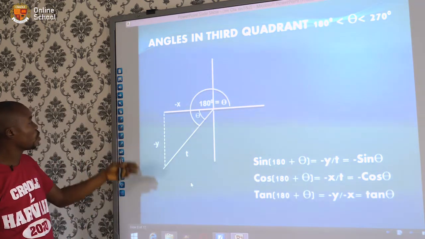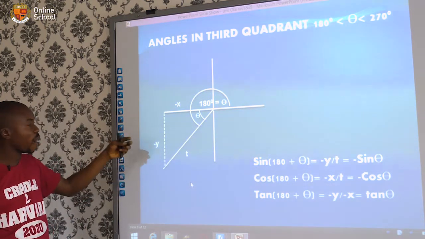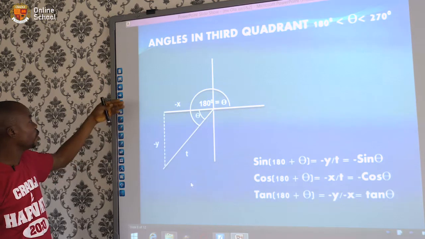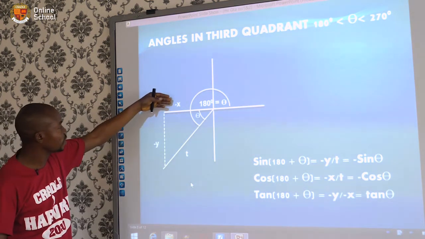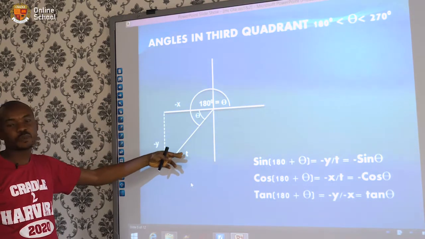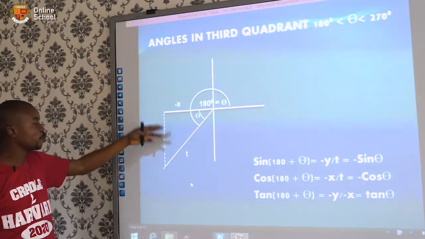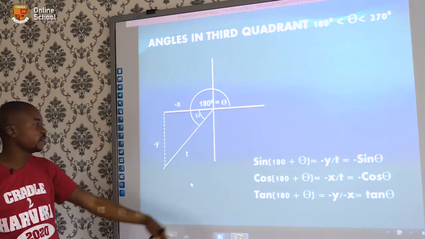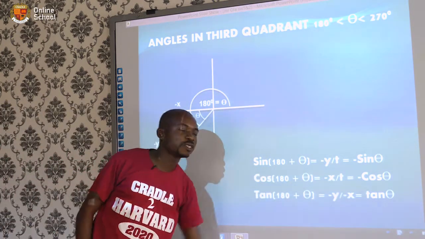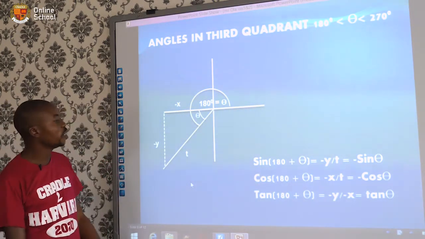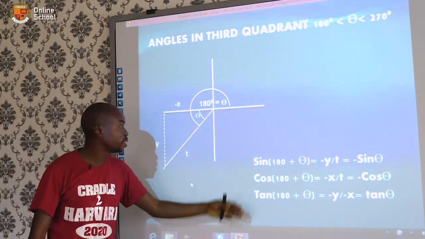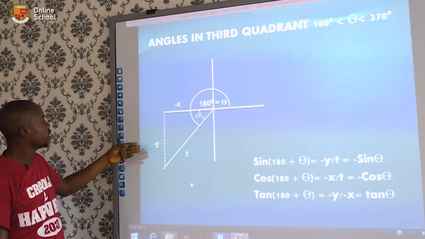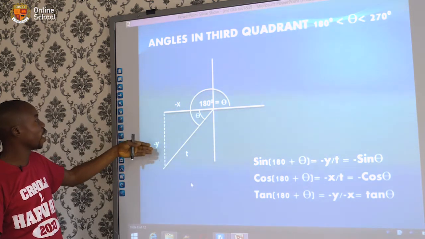Now if we consider cos, we have adjacent over hypotenuse. The adjacent is negative divided by hypotenuse, which is t. Since x is negative, cos will give us a negative value in the third quadrant. Now let's consider tan, that is opposite over adjacent.